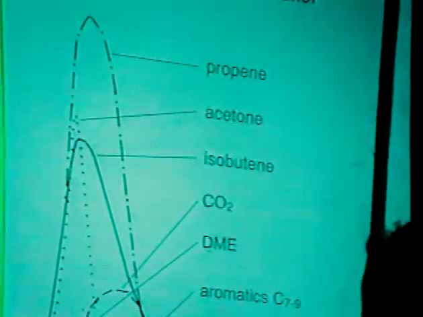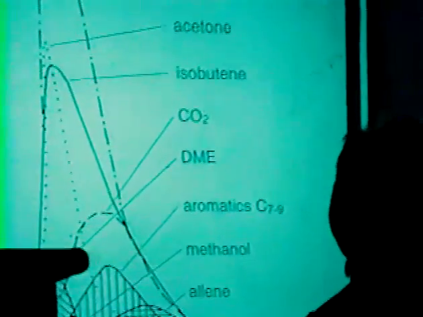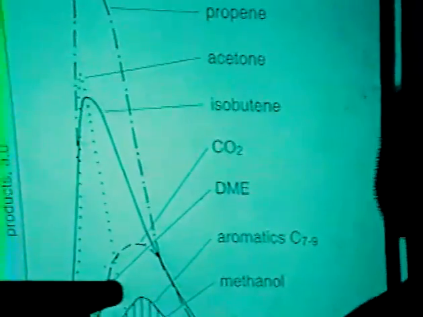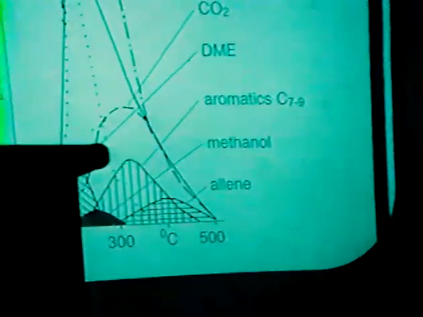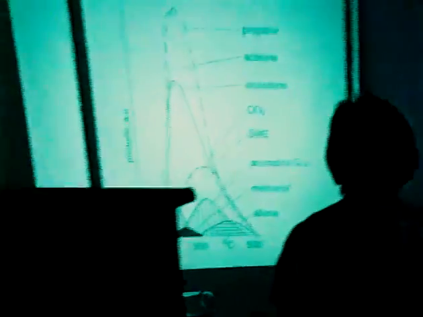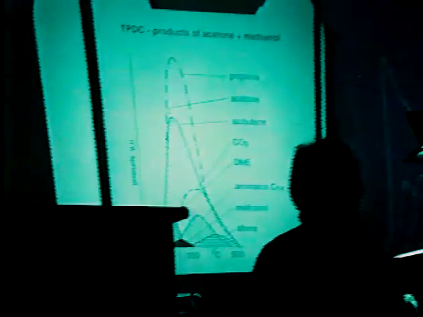So what's the composition of the products when methanol is introduced? You can compare it with the products from acetone alone. You can see that propene is now the highest product, but the other products aren't very much changed.